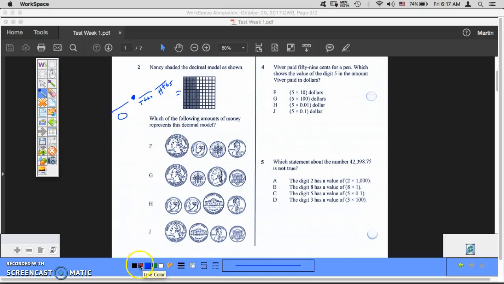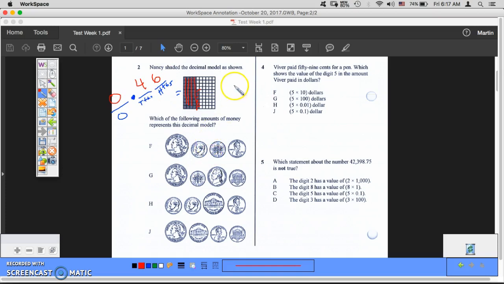Okay. So then now I try to figure out the number in this model. So there's 0 ones. Now let me see how many rods I have. 1, 2, 3, 4. So there's 4 tenths. And then the little squares, the hundredths, 1, 2, 3, 4, 5, 6. So right there, 46 hundredths.